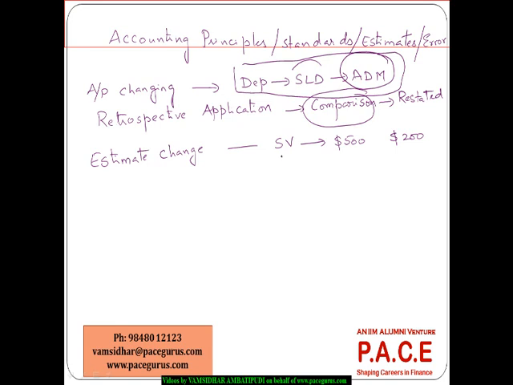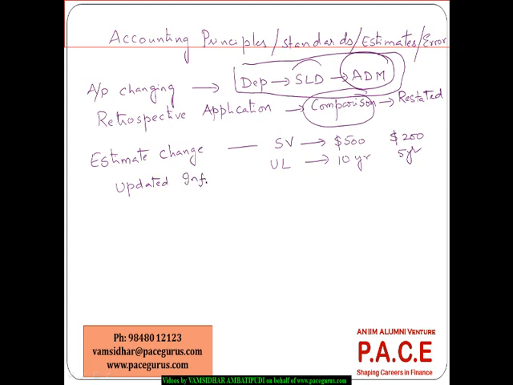So if there is a change in the estimate regarding the salvage value, or probably a change in the useful life. Initially, they thought that the asset has a 10-year life, but now they feel that it is not beyond 5 years. These are what we call estimate changes because of some kind of updated information that they have got.